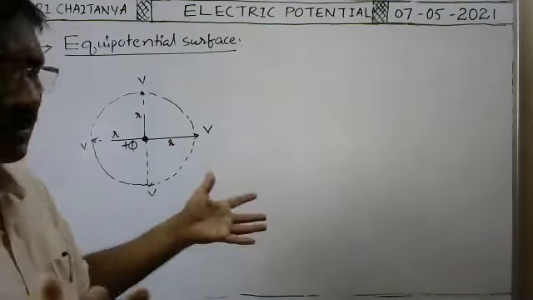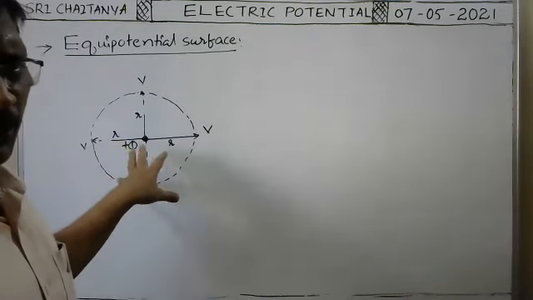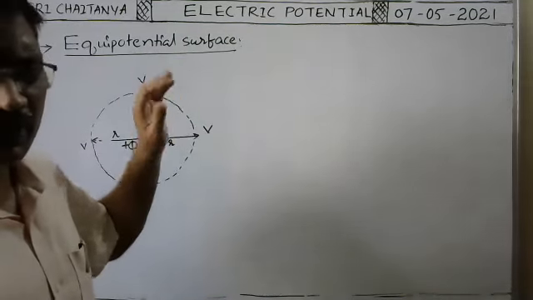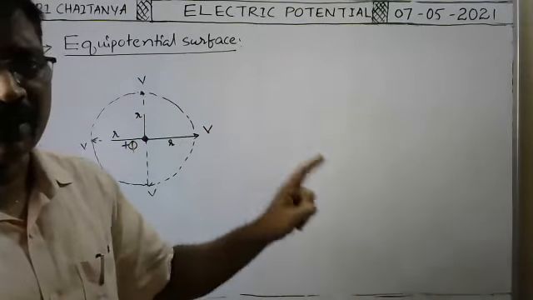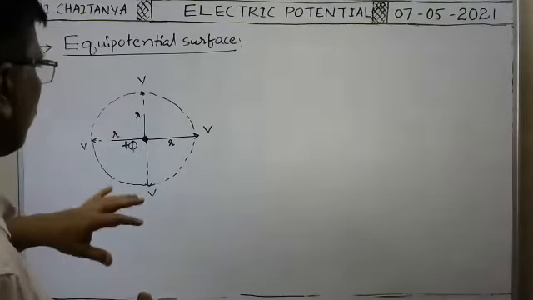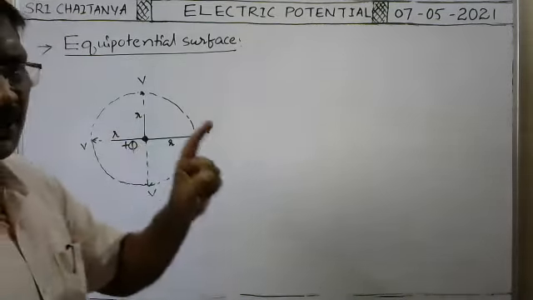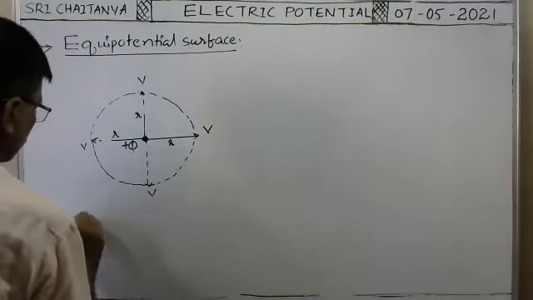That's why in space we have to join all the points where the potentials are the same. Then you will get a spherical surface. So due to a point charge, what is the shape of the equipotential surface? A spherical surface.